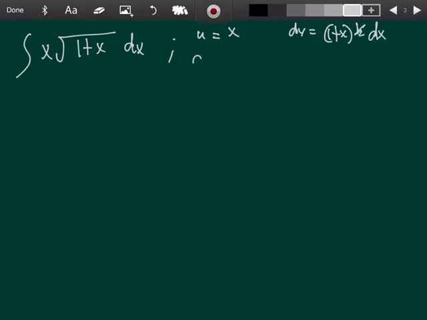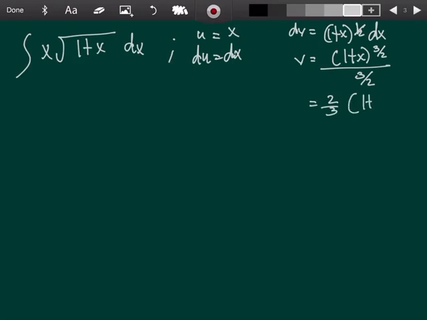Okay, so du is equal to dx. Obvious. Ito naman ay ano? (1 plus x) raised to 3/2 over 3/2. Ano yan? That is 2/3 of (1 plus x) raised to 3/2.